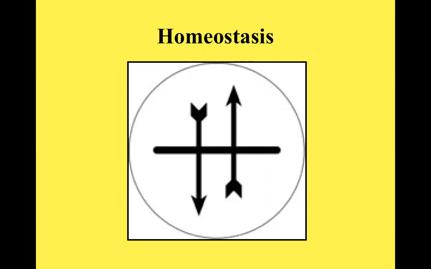When a condition or a situation is kept the same, that is what we mean by homeostasis, staying the same, stasis. So if a sodium ion goes into the cell, then a positive ion has to come out of the cell.